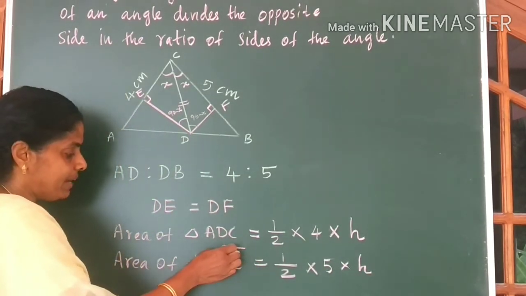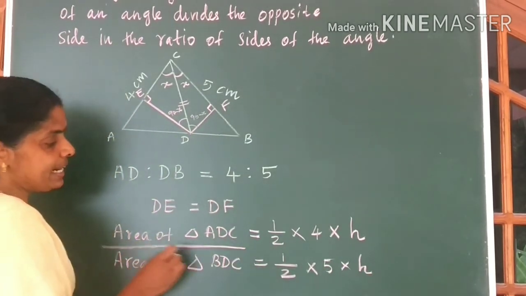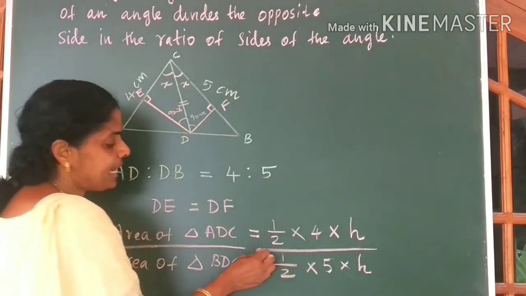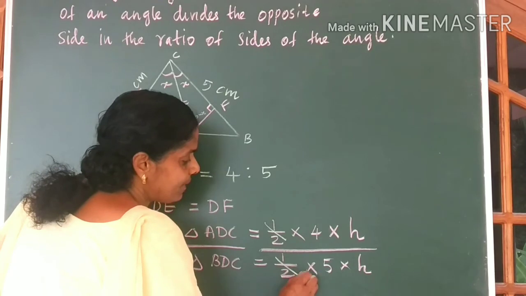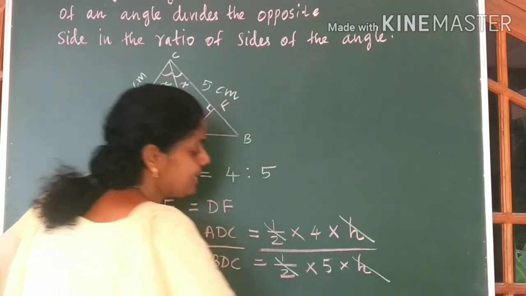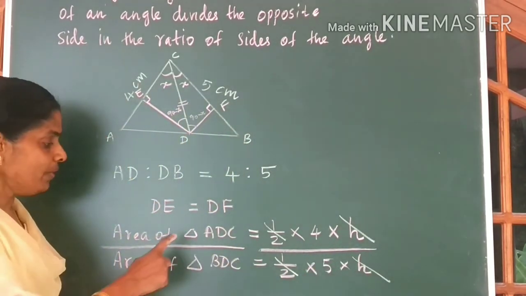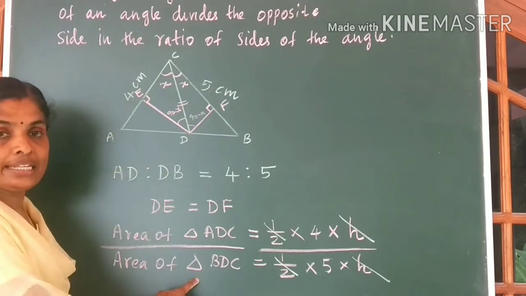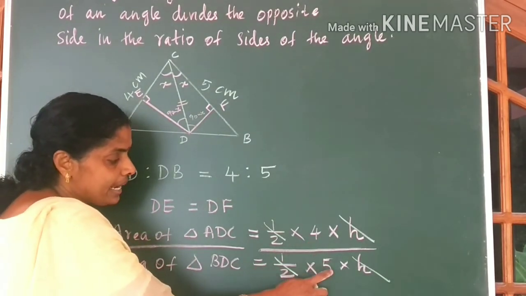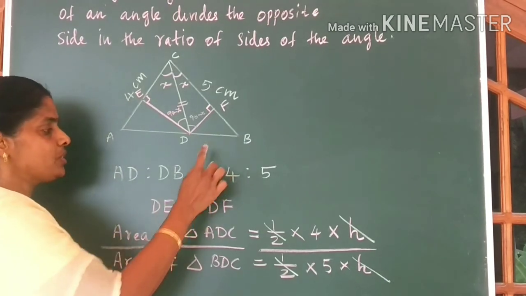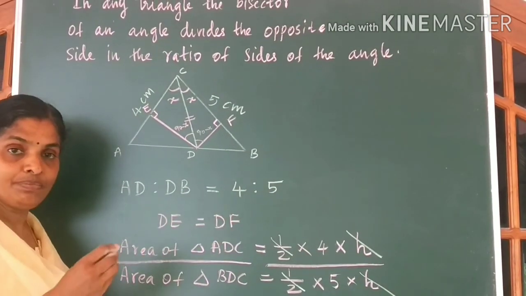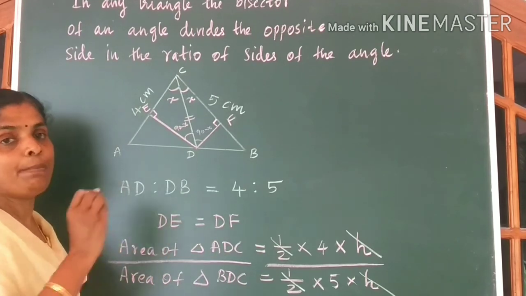Now let me divide the area of the first triangle by the area of the second triangle. Then what will I get? Half and half cancel. H and H also cancel. So the areas are in the ratio 4:5. And so the sides are in the ratio 4:5. That we have studied in the previous class.